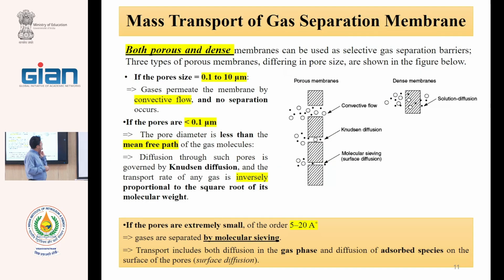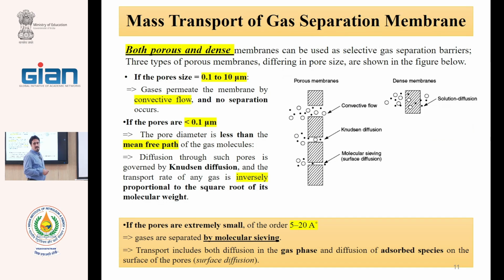If the pore diameter is less than the mean free path of the gas molecule, we can have Knudsen diffusion. Knudsen diffusion: mean free path greater than the pore size. This mechanism is mostly used in separation of oxygen from nitrogen, usually with polysulfone membranes.